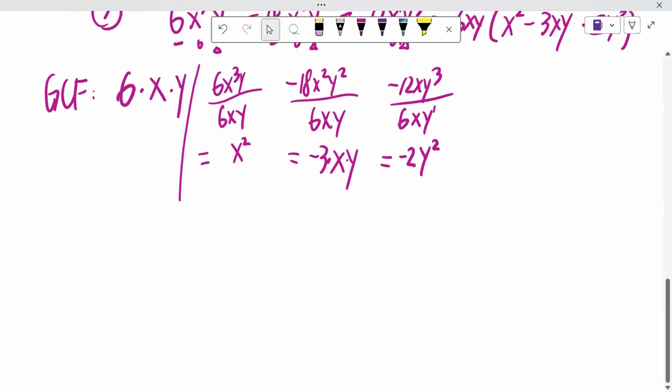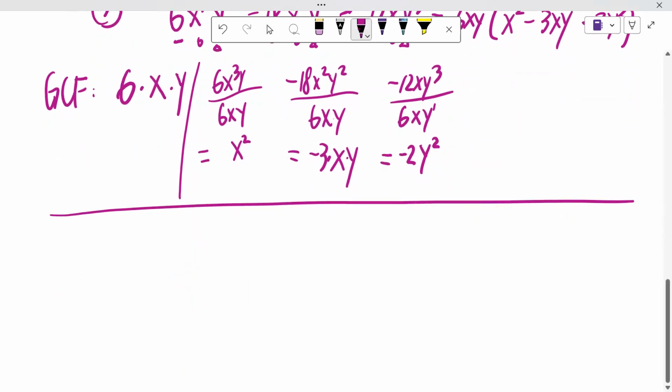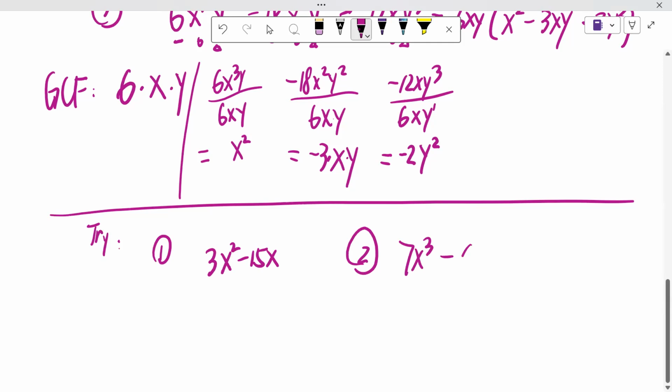I want you to try some of them. Let's try 3 of them. The first one, factor 3x squared minus 15x. Second one, factor this: 7x cubed minus 42x squared.